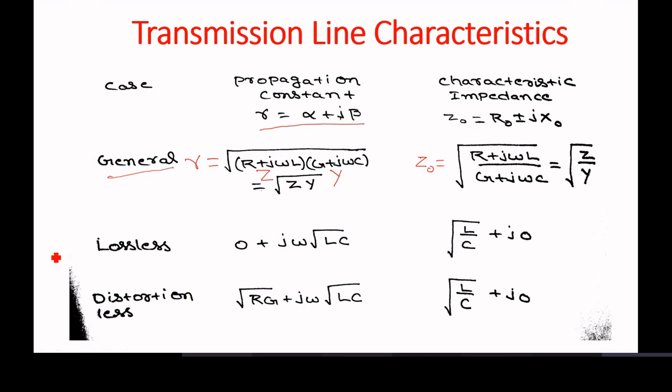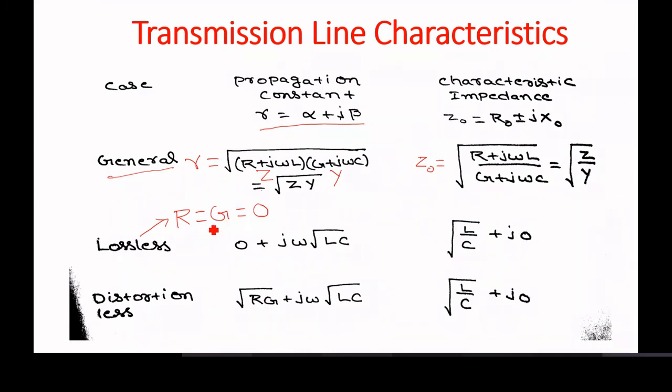For a lossless line, the conductors have to be perfect and the dielectric medium separating the two conductors should be lossless.